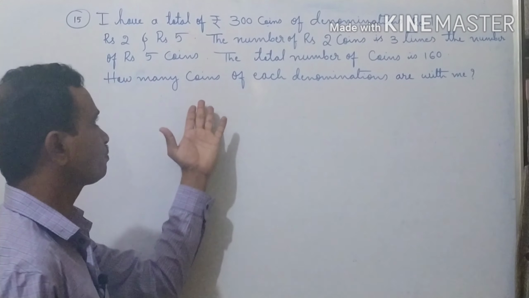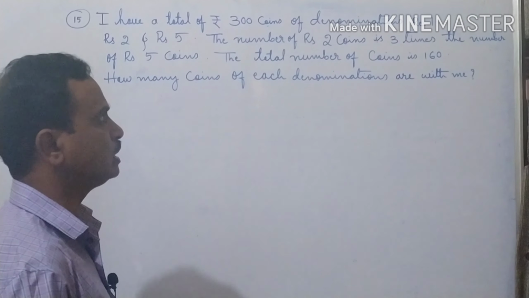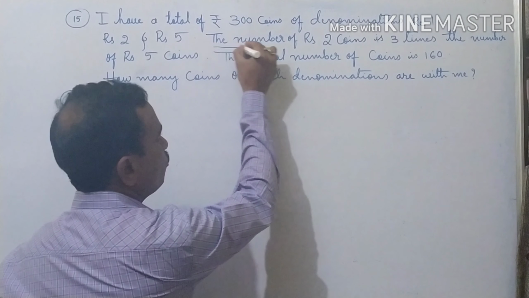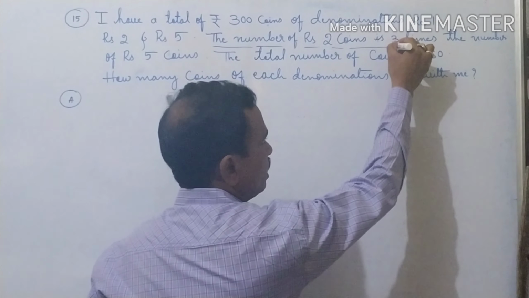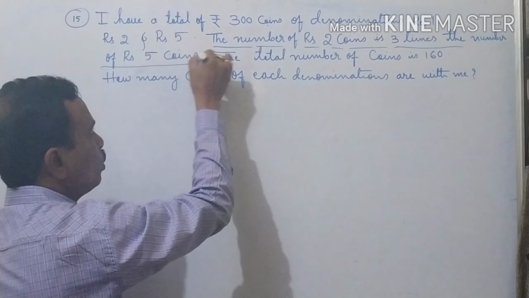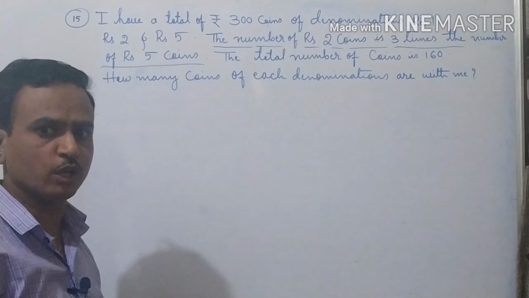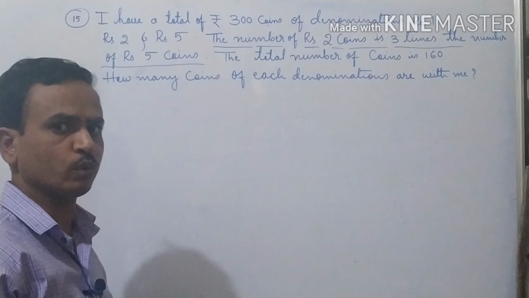Now here, what is given? The number of rupees 2 coins is 3 times the number of rupees 5 coins. That means how many 5 rupees coins are there, we don't know.